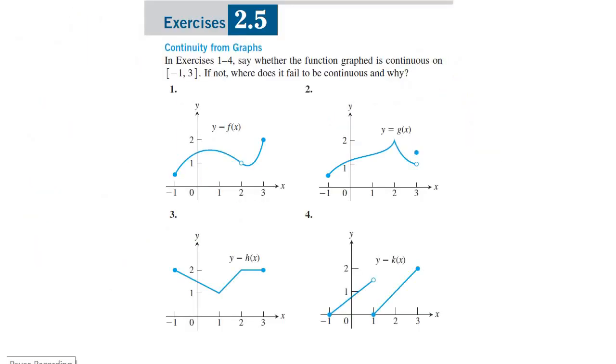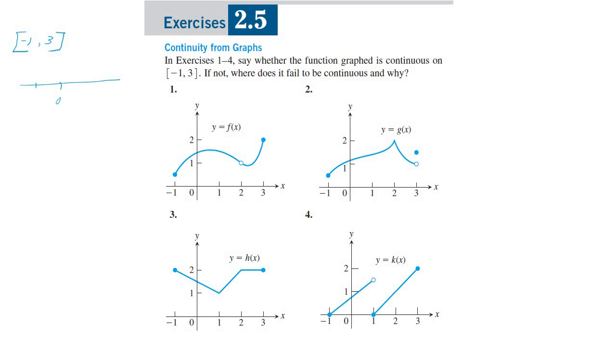In this exercise, they want us to check if the function is continuous between -1 and 3. So it is a closed interval, because it's in square brackets. Remember that square brackets represent closed intervals, while circular brackets represent open intervals. This means you have to make sure that it's continuous at the endpoints specified here as well.